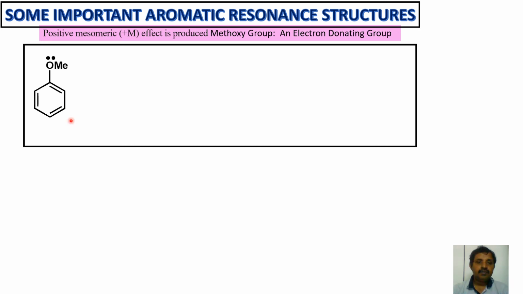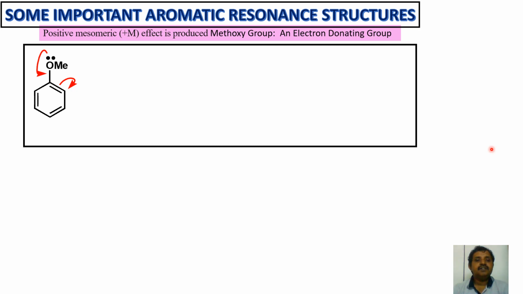Here the benzene molecule with the methoxy group is connected to oxygen which bears a lone pair of electrons. Whenever the conjugated system is connected to an atom with a lone pair, it acts as an electron releasing group.